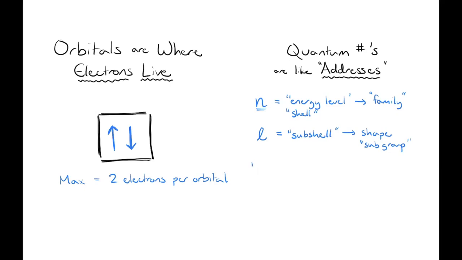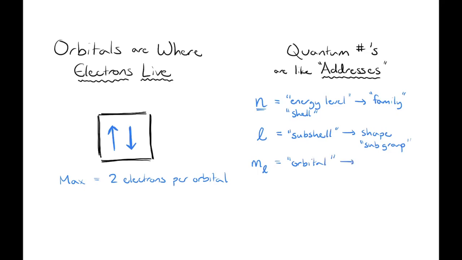If we want to talk about an individual orbital within one of those little groups, we're going to use the third quantum number, the magnetic quantum number m sub L. This one is going to tell us the individual orbital that we're talking about. So if you want to talk about an orbital, you need at least 3 quantum numbers to specify exactly which one you're talking about.